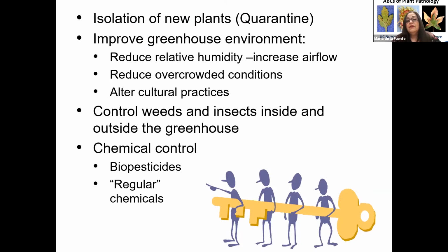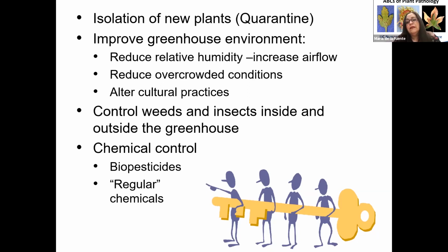Always improve the greenhouse environment, reduce relative humidity as much as you can just with horizontal ventilation. Do not overcrowd your plants, although, you know, with cells that are 1 square centimeter, they're crowded at the beginning of your plantings. Alter different cultural practices.